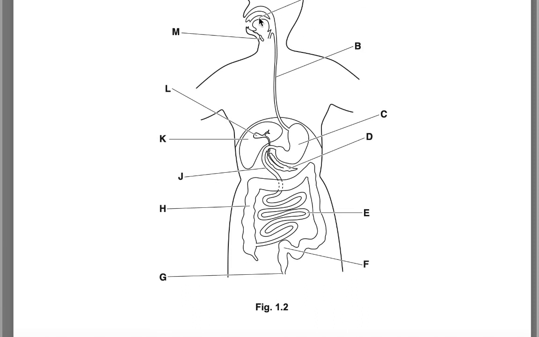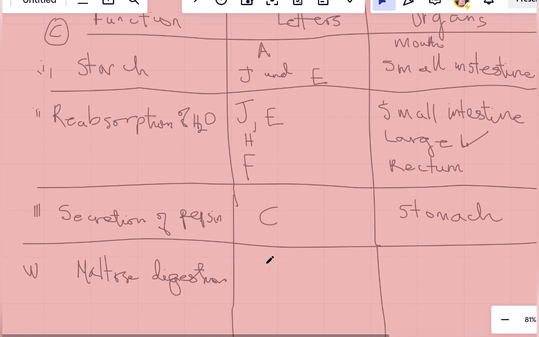Whatever is happening in A is just mechanical digestion, mostly, and the chemical digestion with the secretion of saliva is not for maltose. So for maltose, it's J, the duodenum, the beginning of the small intestine, and E, the full small intestine. So it's taking place in J and E.